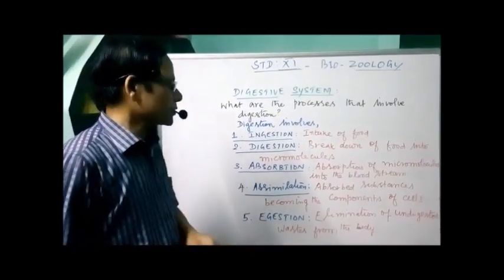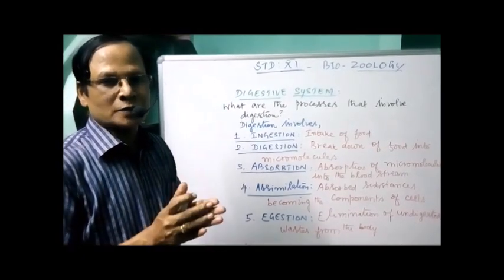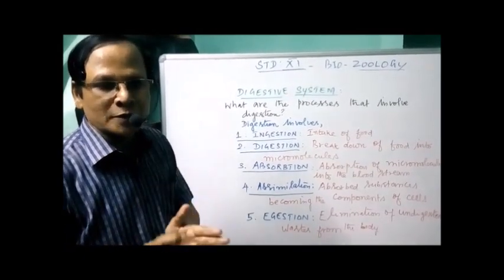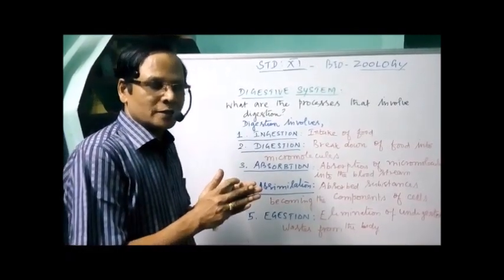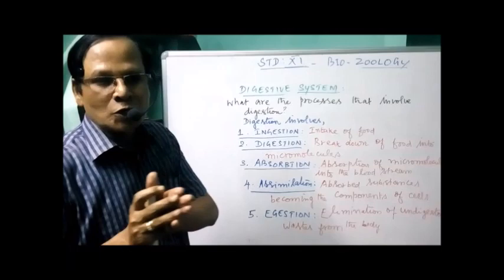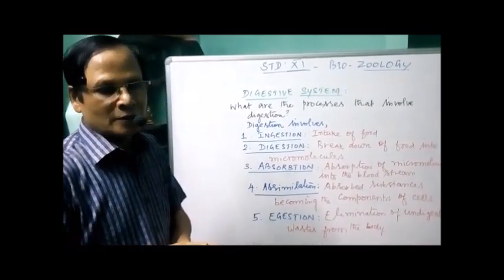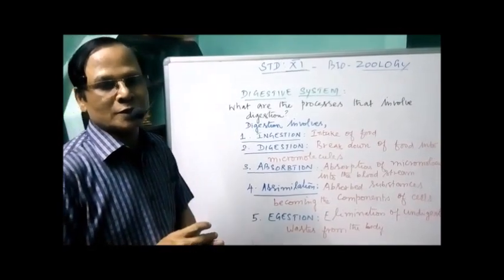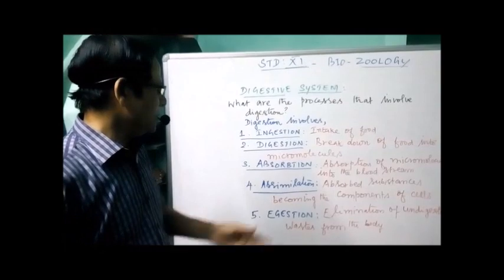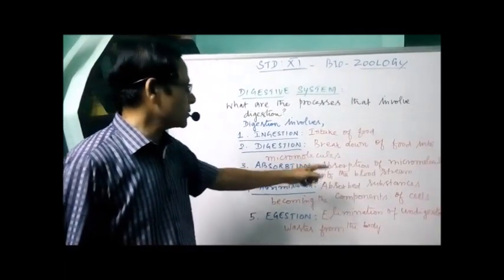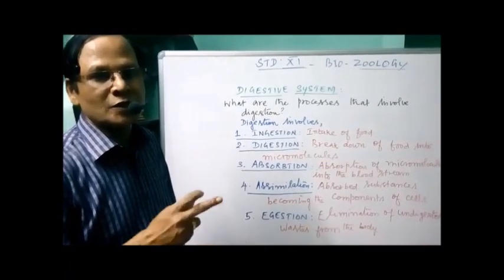The next one, absorption. It is the passage of the broken-down substances from the cavity of the intestine into the bloodstream by passing through the wall of the alimentary canal. That is called absorption, the entry from the intestine into the bloodstream.